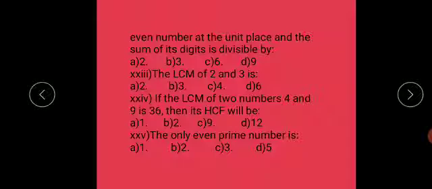You have to find the LCM in rough way, then you will take the right option. 24th part: if the LCM of two numbers 4 and 9 is 36, then its HCF will be 1, 2, 9 or 12. 25th part: the only even prime number is 1, 2, 3, 5.